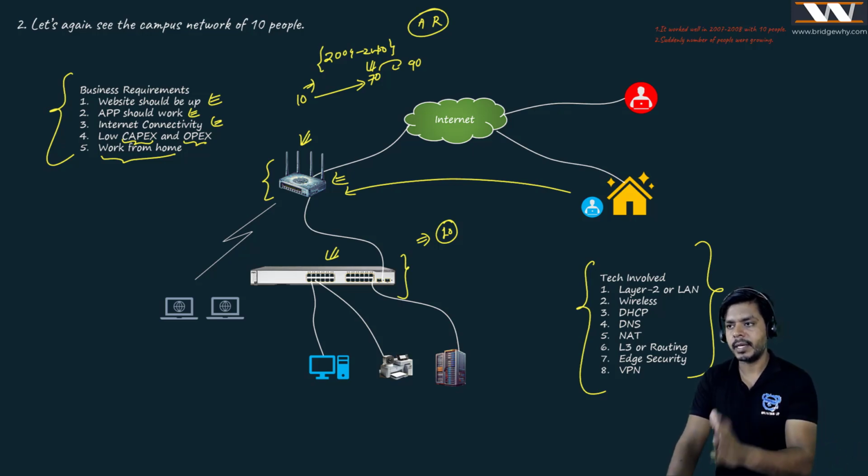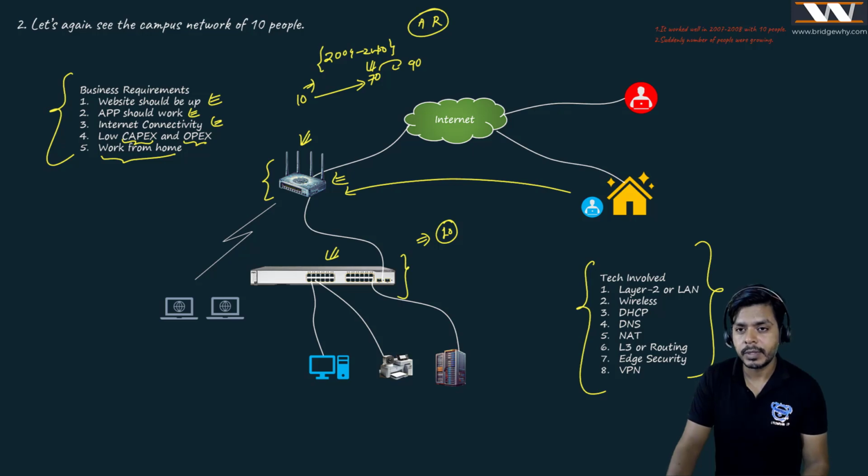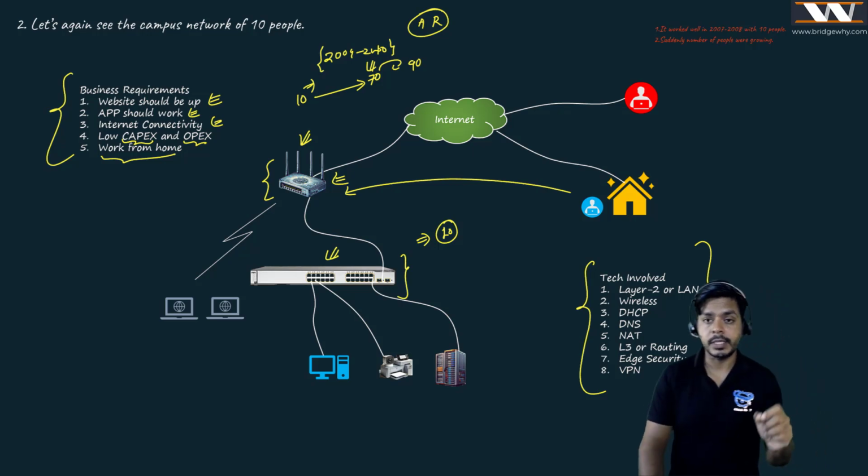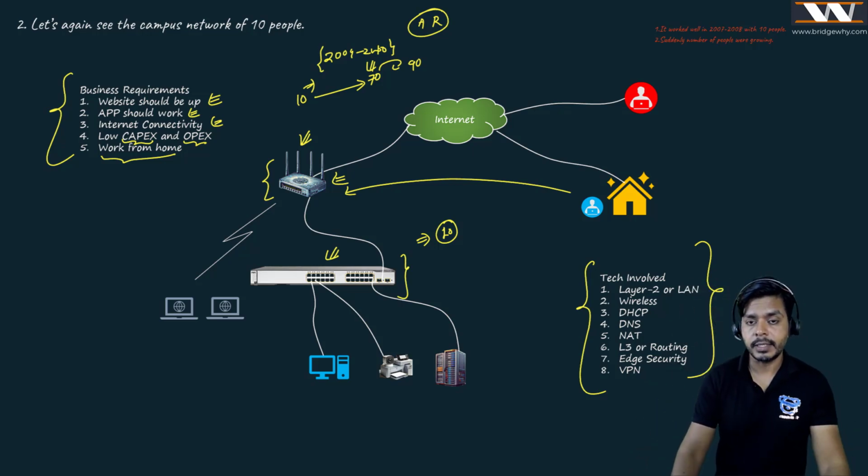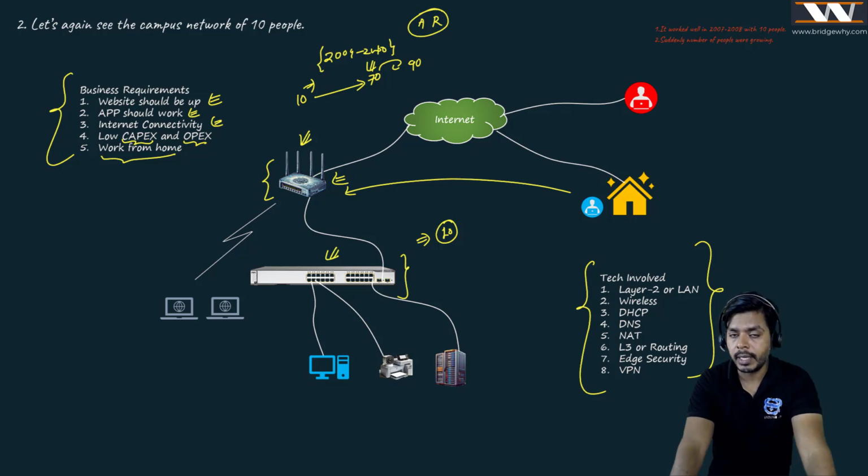Then we moved to VXLAN, and in some enterprise projects you see VXLAN technology implemented. Although this technology is dedicated to data center, nowadays in many of our designs we see that VXLAN is also part of an enterprise network.